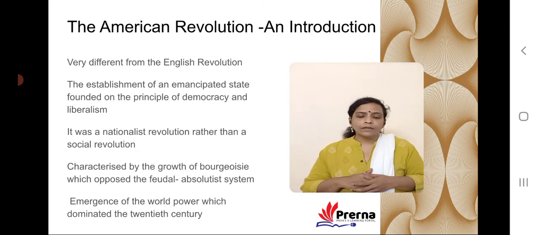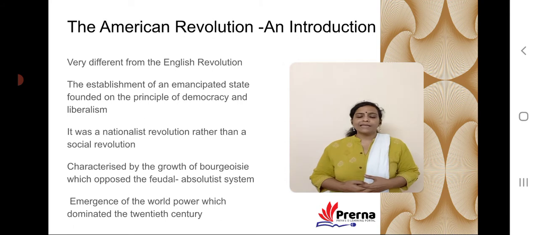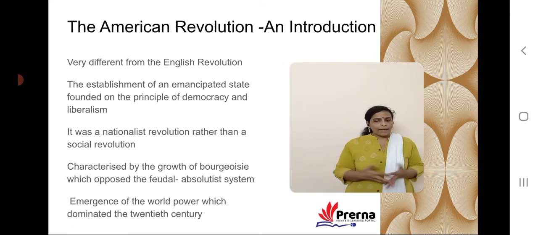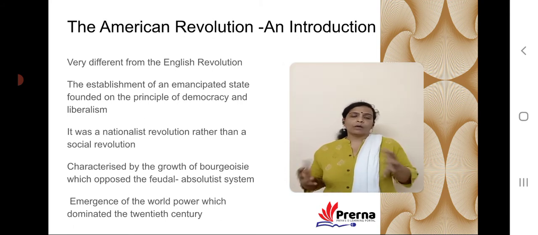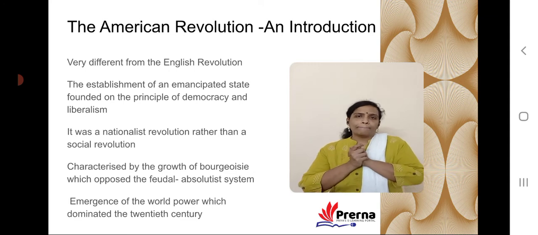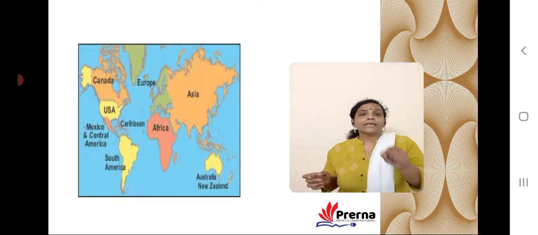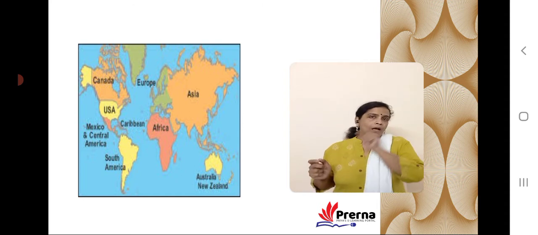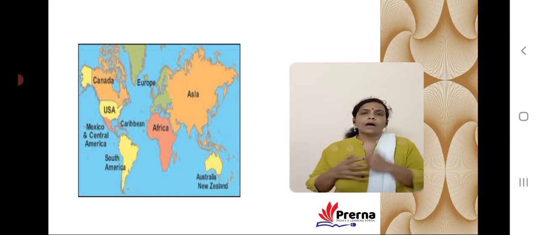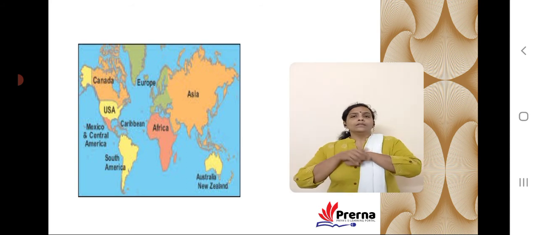So in the next slide here, you can see a map, and I'm going to talk about the developments that happened in the later half of the 18th century in the area marked as USA, the United States of America. You can see how it is marked in yellow color.